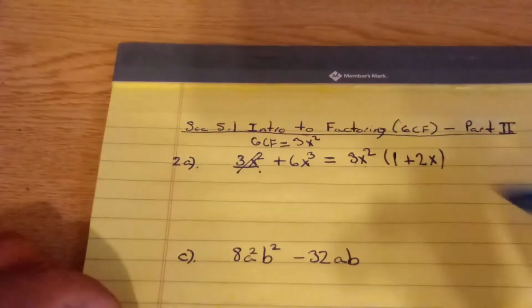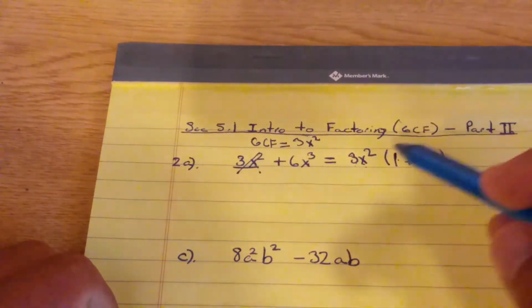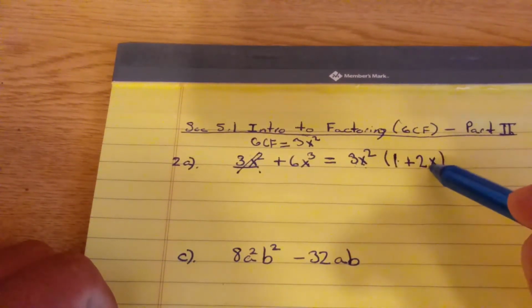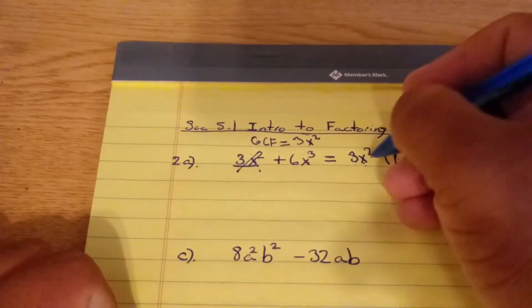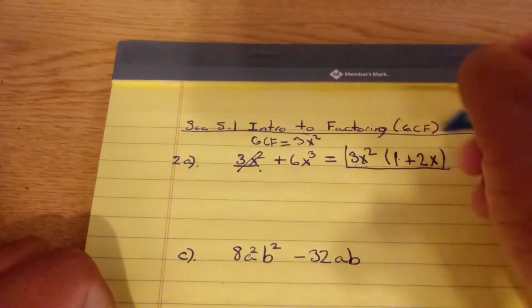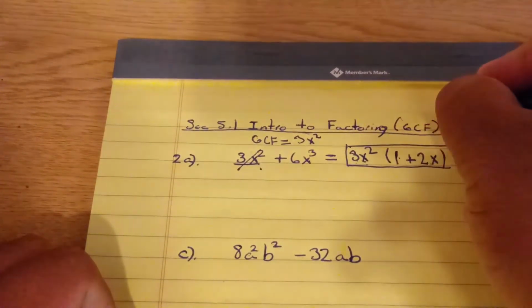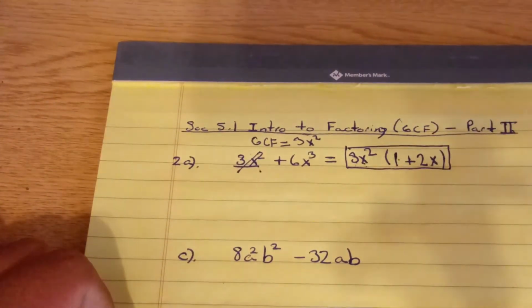Once again, if you redistribute, the 3x squared times 1 will give you 3x squared. And 3x squared times 2x will give you 6x to the third. Once again, if you haven't done the last two sections of multiplying polynomials in chapter 4, you gotta do that one. That is the most important one there.